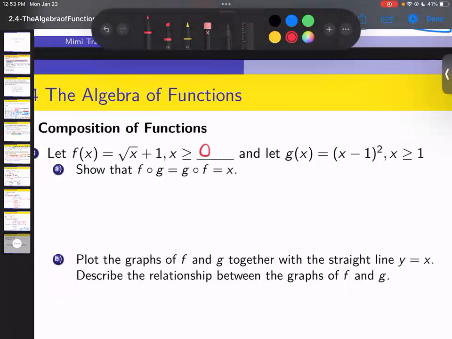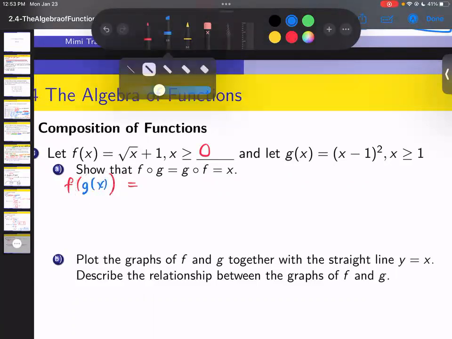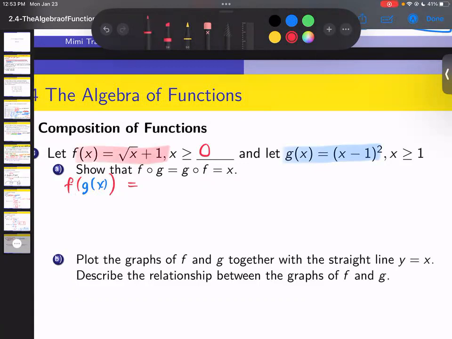Let's do that. Let's see. f of g of x. What is g of x? g of x is x minus 1 squared.